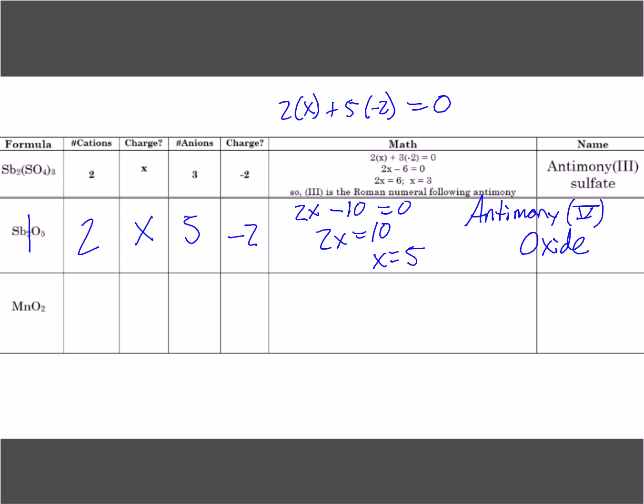Riley just asked, why is it oxide and not oxate? The endings ate and ite, what do those go with? Polyatomics, guys, the ternary ones. Ate and ite are only for polyatomic ions. When it's oxygen by itself, that's a type 3 ion where we change to ide.